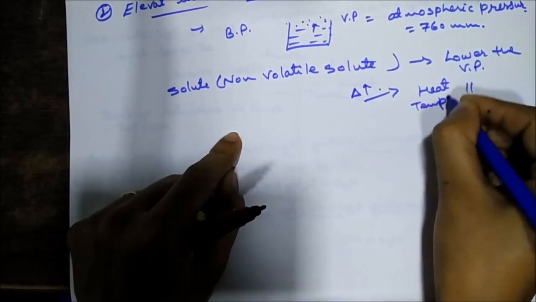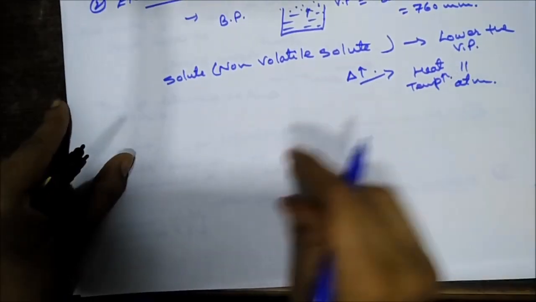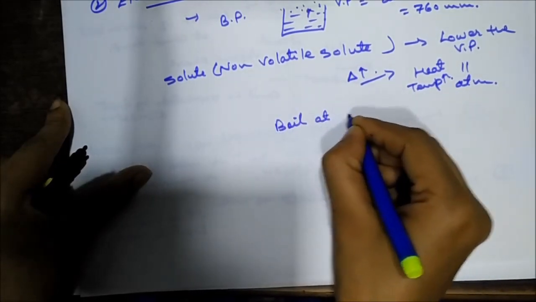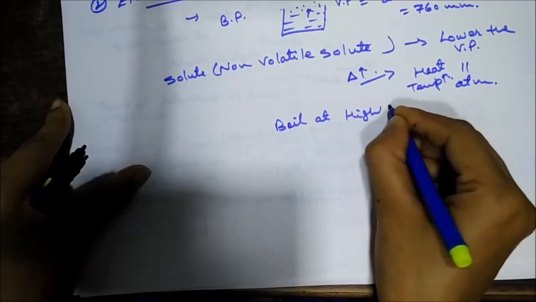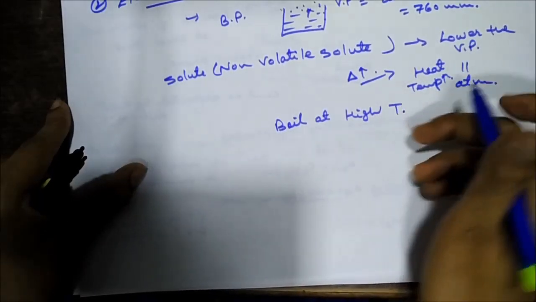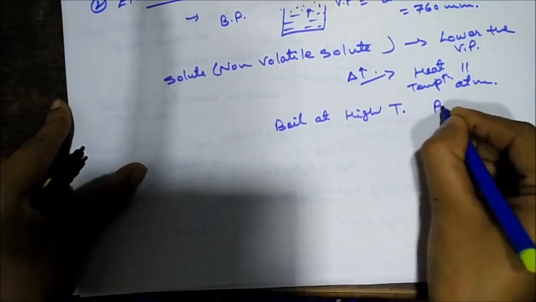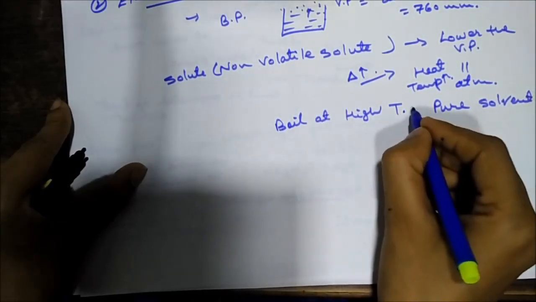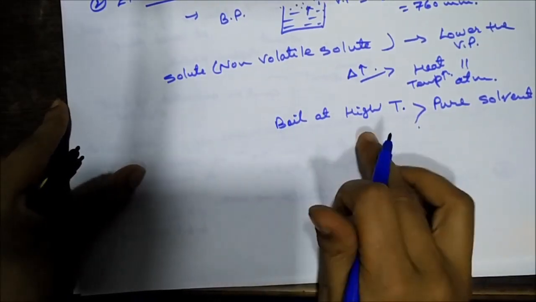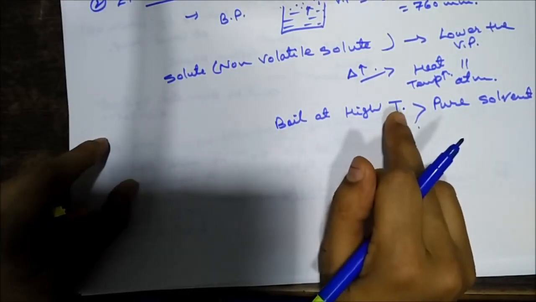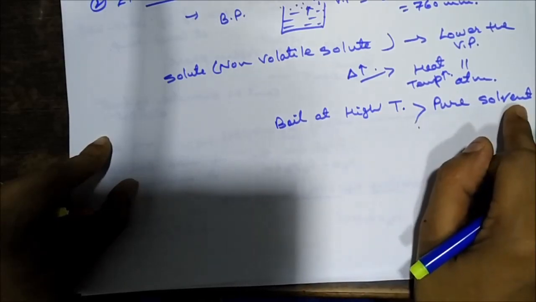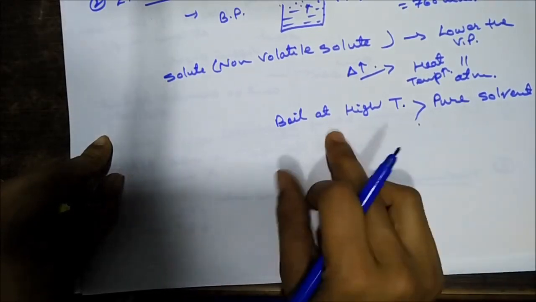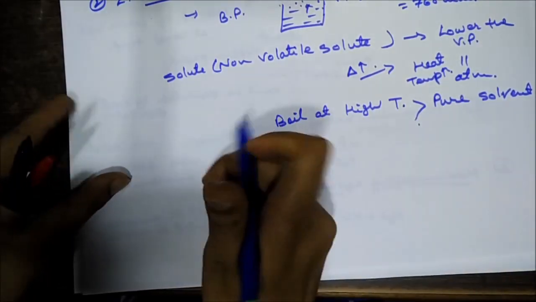We need to raise the temperature, and as a result the solution will boil at a high temperature, high as compared to its pure solvent. So there will be a difference between the boiling point of this solution and the boiling point of pure solvent, and this will be called elevation in boiling point of the solvent.